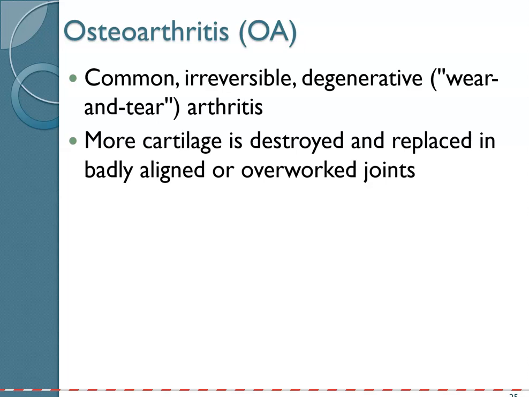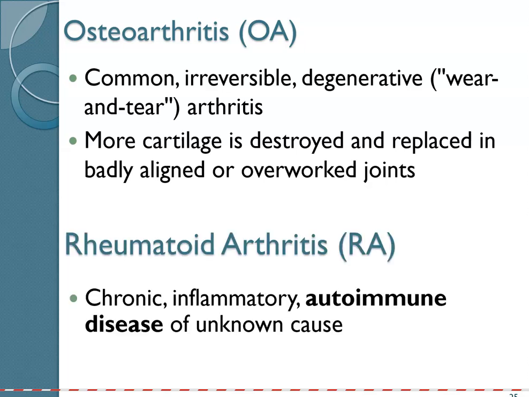Usually the cartilage gets destroyed. We have bony pieces coming, bone that gets grown in, and then bone also is getting crushed because there's no cartilage to protect them, right? Rheumatoid arthritis is an autoimmune disease, so it is a disease where our own body produces immune antibodies against our own cells, right? So it destroys the joint.